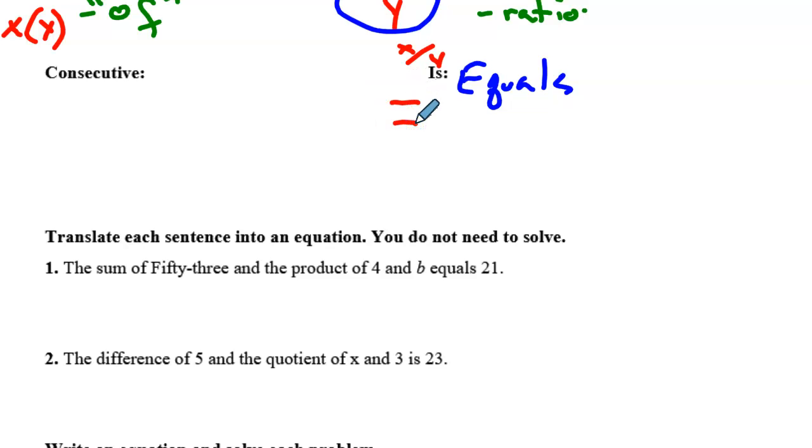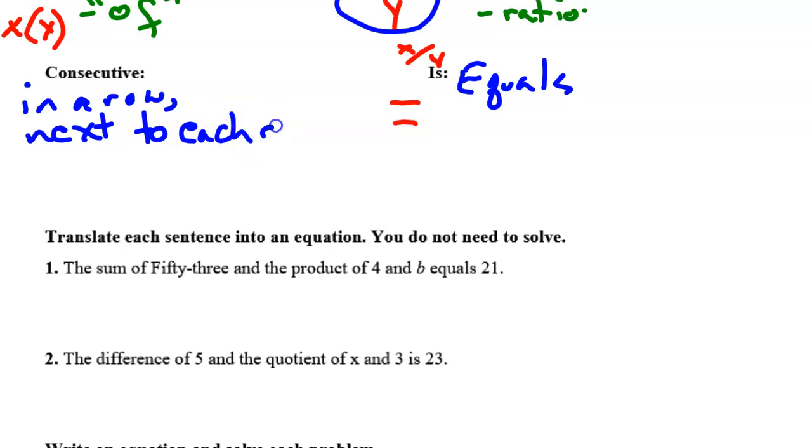Consecutive is a word that a lot of people struggle with. It just means two things that are in a row or next to each other. So, for example, two consecutive numbers would be 1, 2, 3.